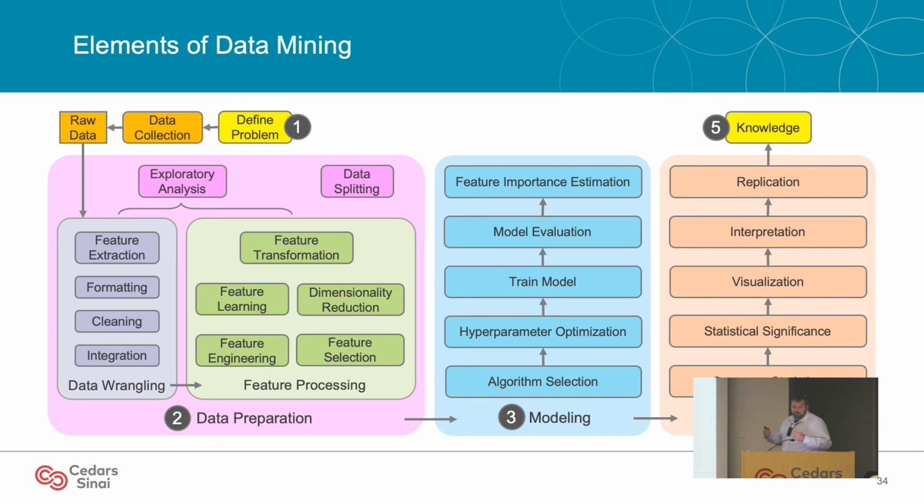We also have feature processing, and this is another super critical precursor to machine learning. And this includes feature engineering, feature learning, feature transformation, dimensionality reduction, and feature selection. And we're going to go into each of those, hopefully just so at least you have a basic understanding of what they are, how they work.